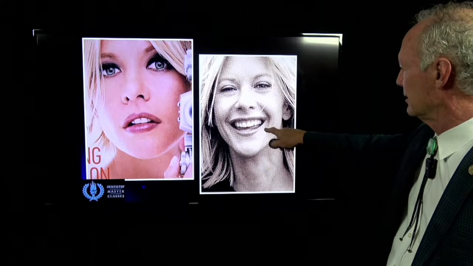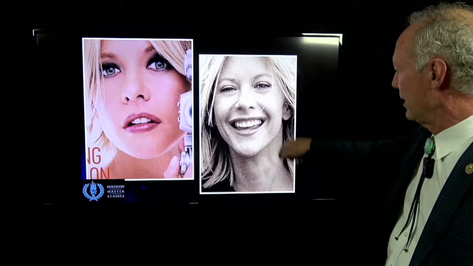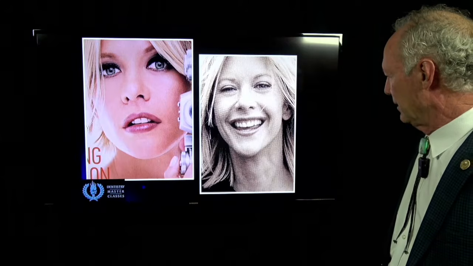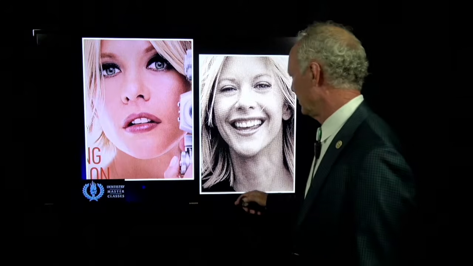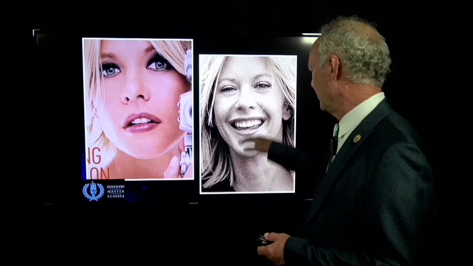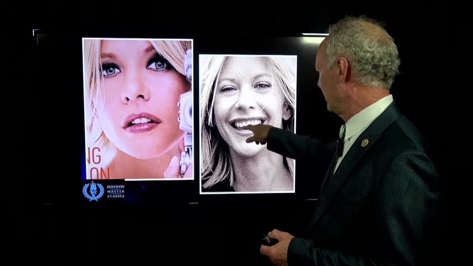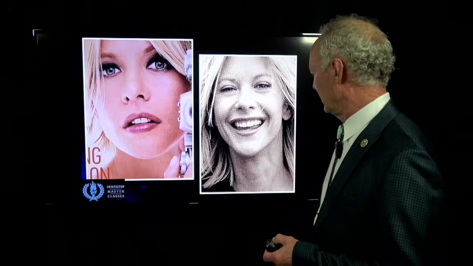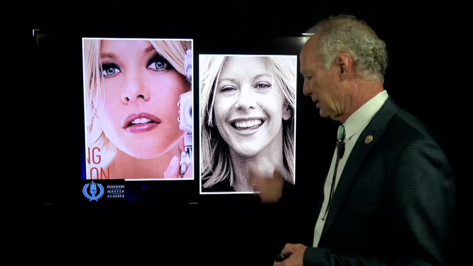Gummy smile. So again, we'd measure the teeth, and you don't want to cantilever more than about 2 to 3 millimeters, ideally, off the end of the central incisor, because it's a cantilever and they're more likely to fracture.